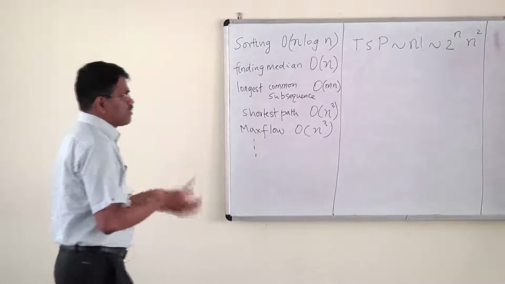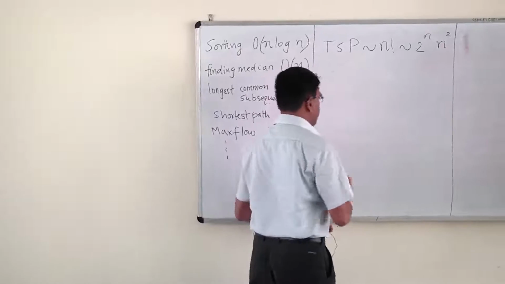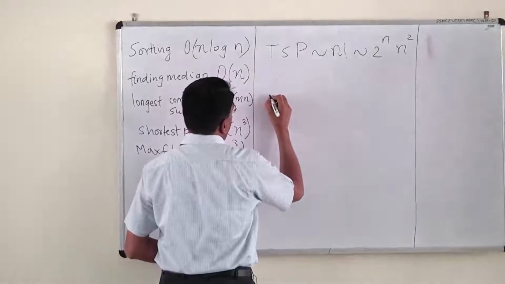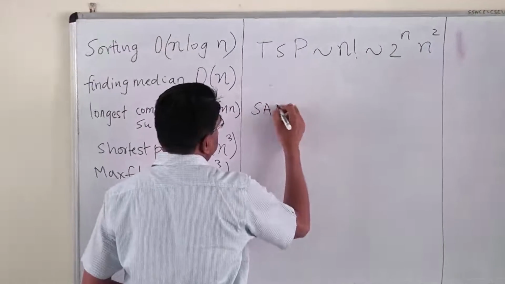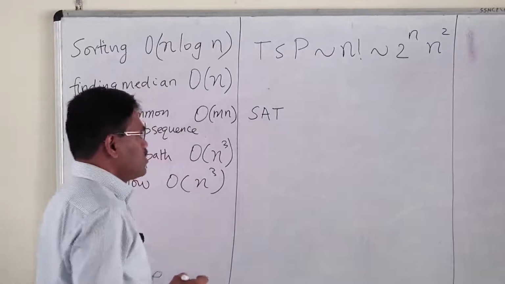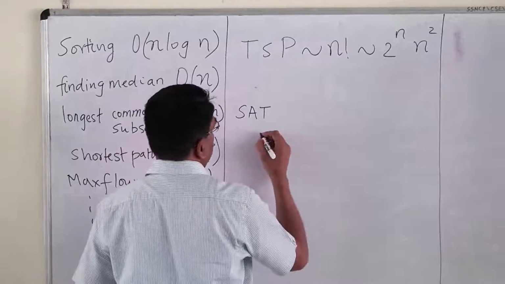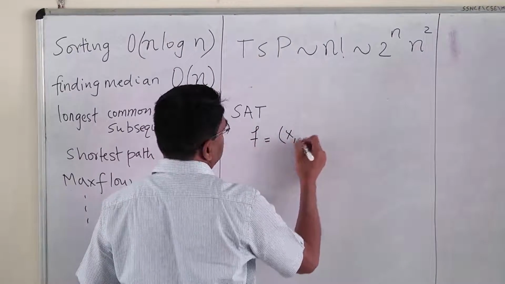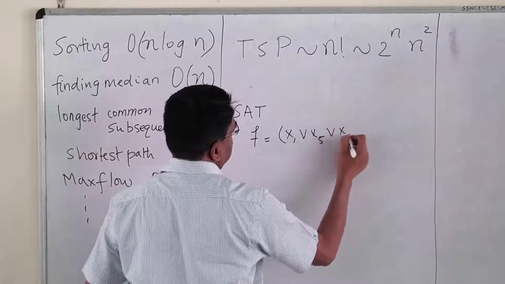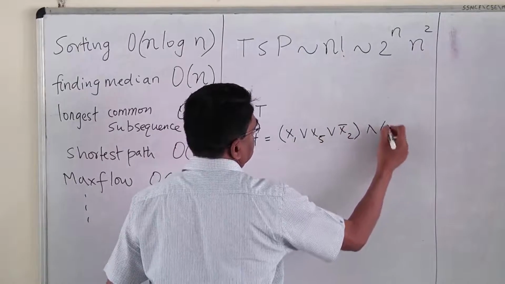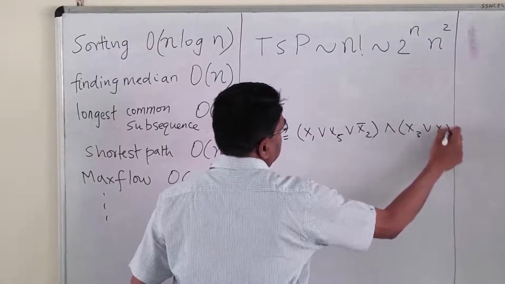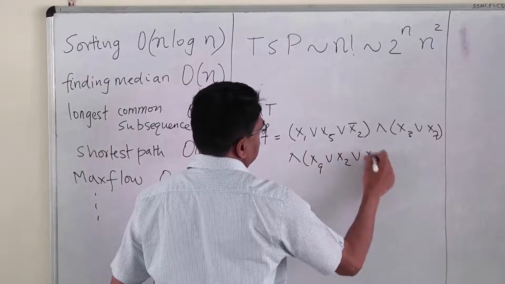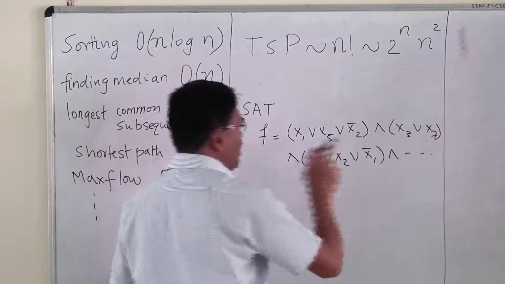Let's look at a couple more problems, which we will come across in today's session. This is a problem in Boolean logic. Let's call it SAT. So the input is a formula. The formula looks like an AND of ORs.